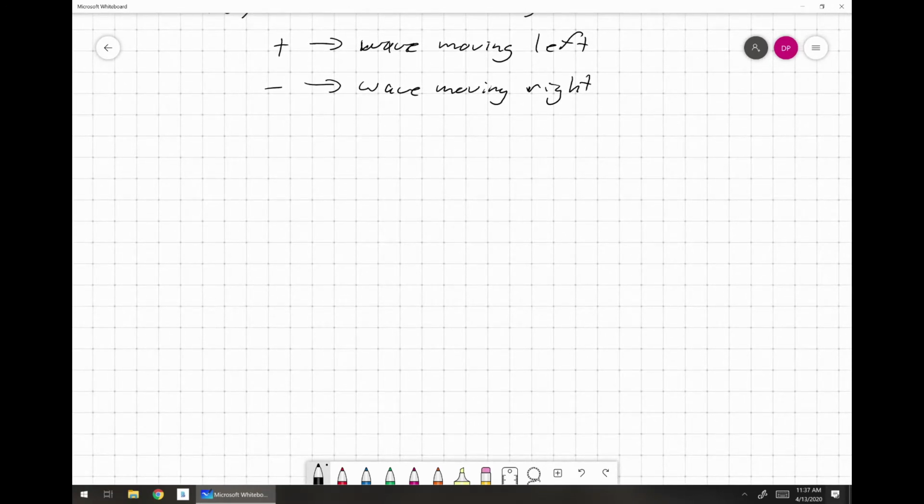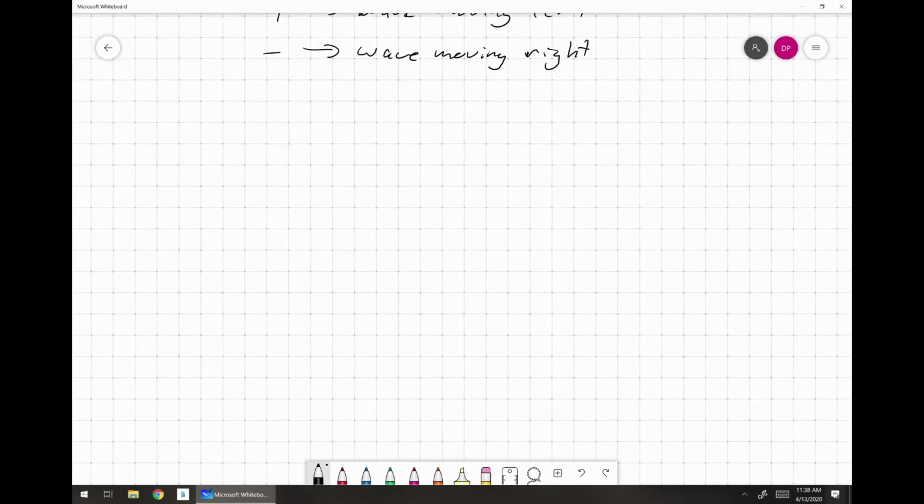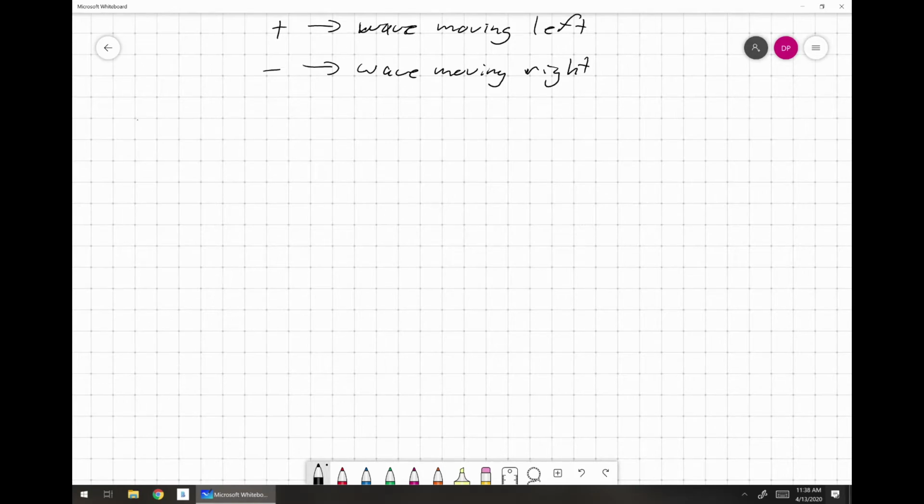And so we can examine this in a little bit more detail here. Let's start with our wave moving left, just because then we don't have any minus signs to deal with, though it would still work out if we did have those minus signs.